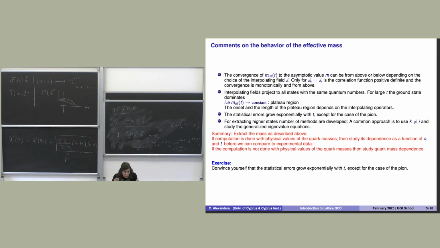So the message is lattice QCD is very good for certain things. So that's why we still need to do other things, right? But for the things lattice QCD can do, it's a very controlled, non-perturbative approach. Okay, so we will see how to extract higher states from a lattice simulation and how to do resonances.